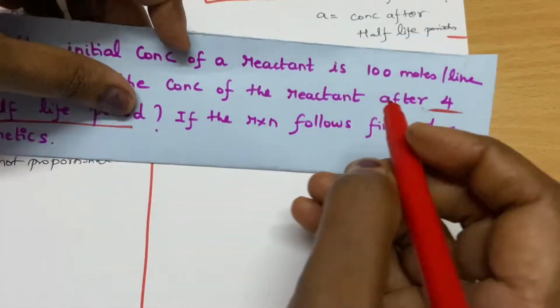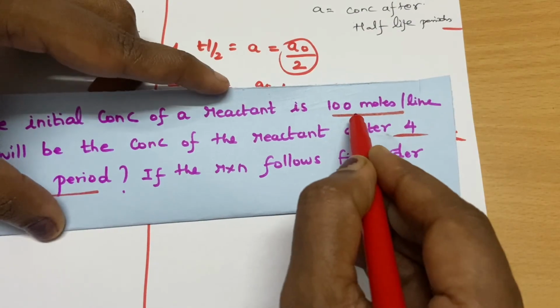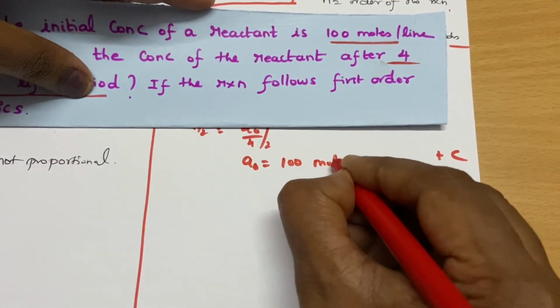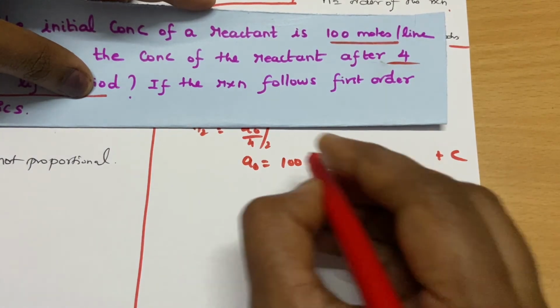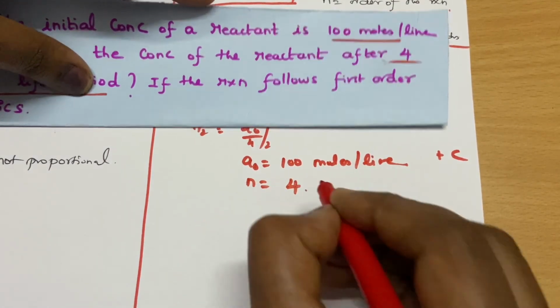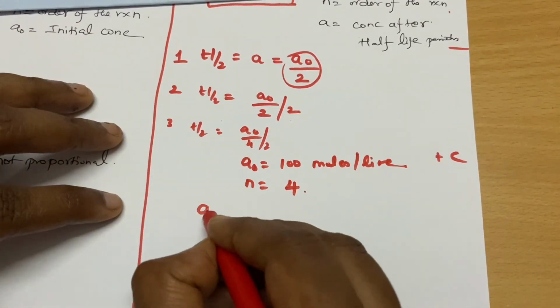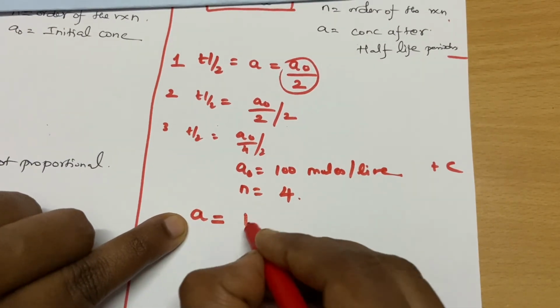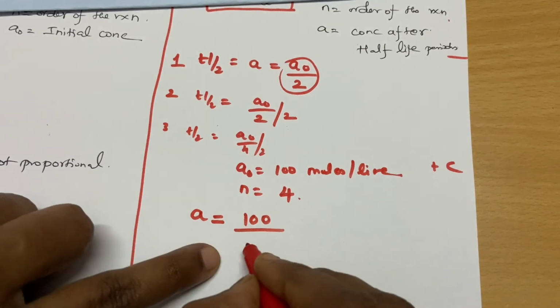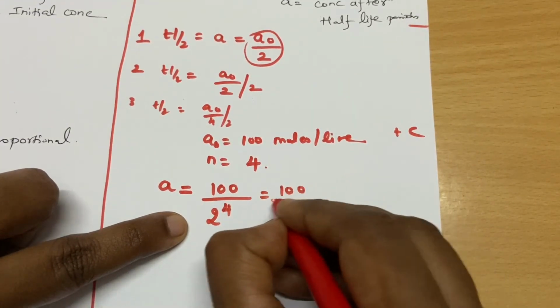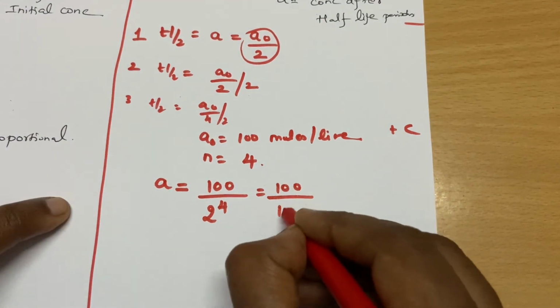See what they have given. They have given the initial concentration A naught as 100 moles per liter, and the number of half-life periods is 4. They are asking what will be the concentration after that. You have to find out A. So put 100 here and 2 to the power 4. 2 to the power 4 is 16.